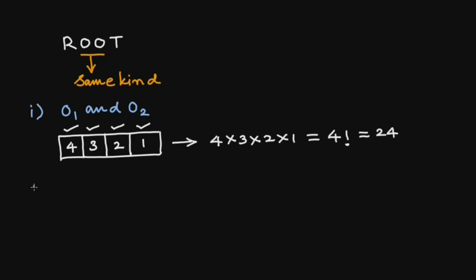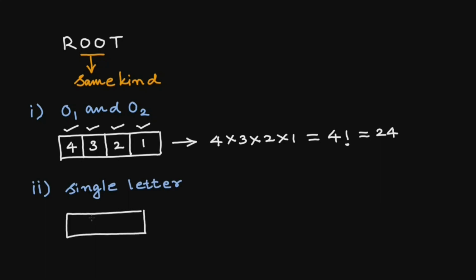Or we can consider these two O's together to be a single letter, and we will have three places to be filled. The first can be filled in three different ways, the second in two different ways, and third in one way. Now these two O's, which we have considered to be the same, can interchange between them in two factorial ways.